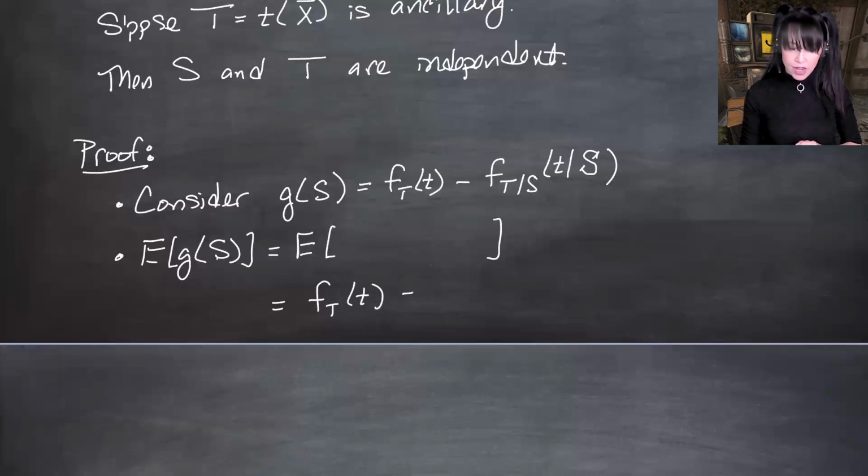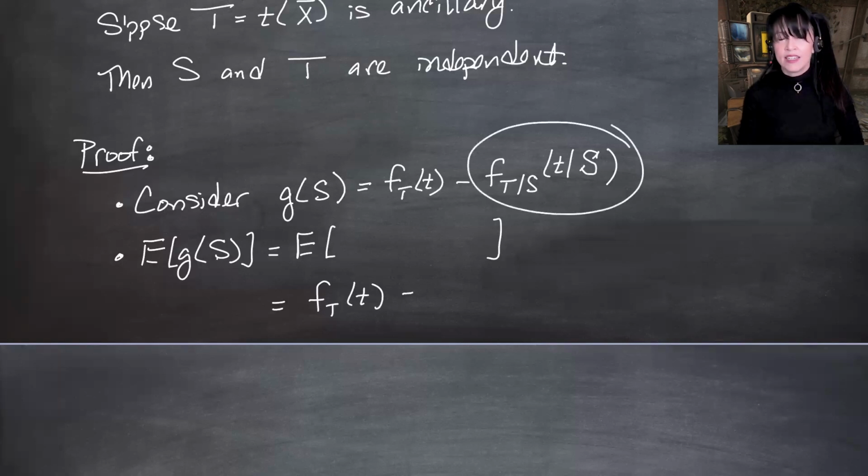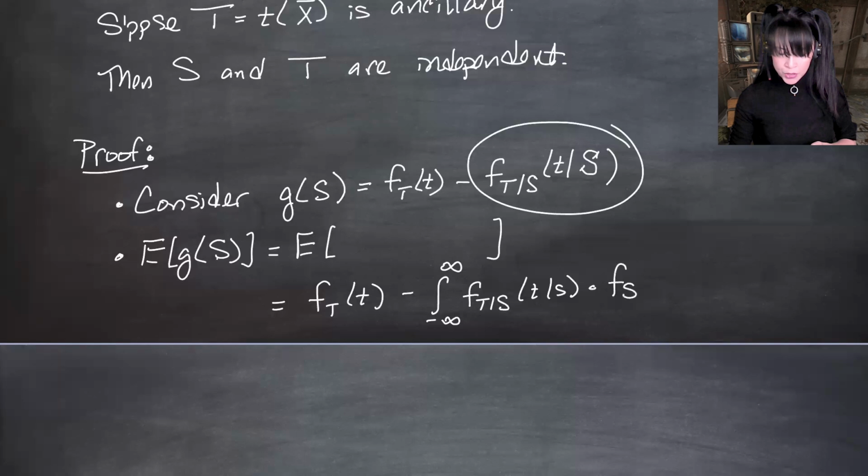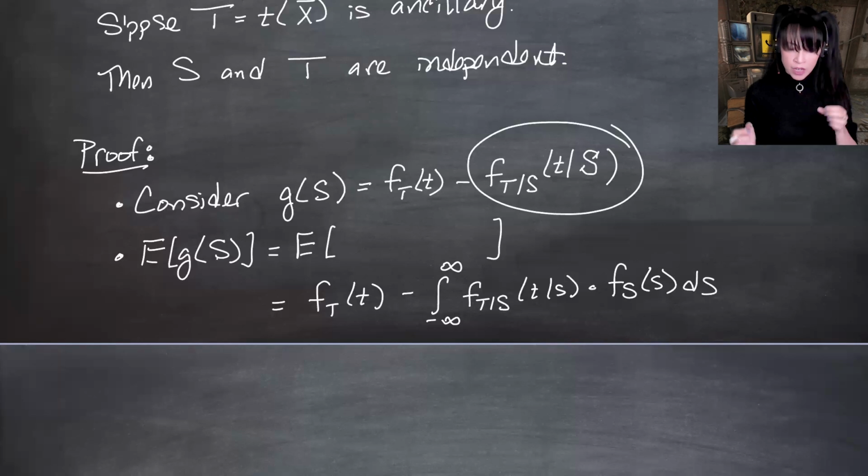And then over here, I want to compute the expected value of this function of S. So these could be discrete random variables, but I'm going to use continuous notation. We're going to integrate minus infinity to infinity. We're going to put that function of s there with a lowercase s. So the conditional PDF for t given s at t given lowercase s, and multiply by the marginal PDF for s. That's how you compute the expected value of that function of capital S.